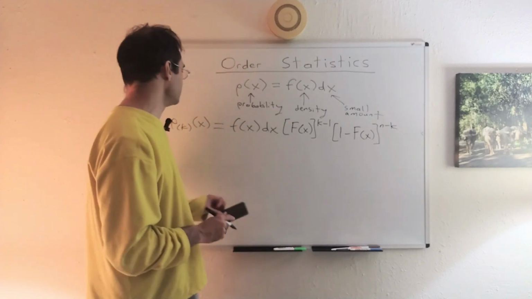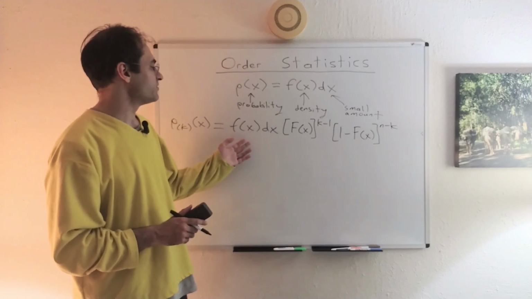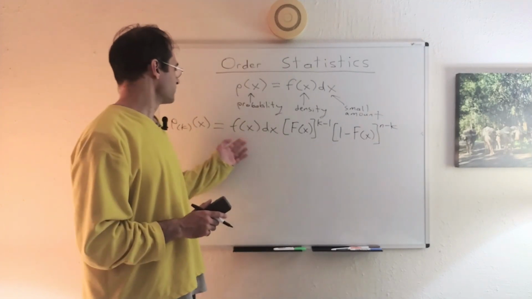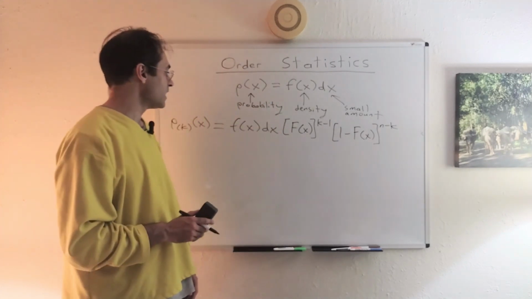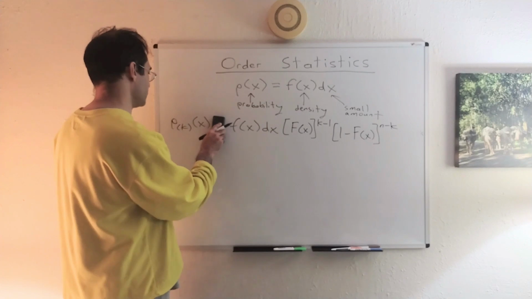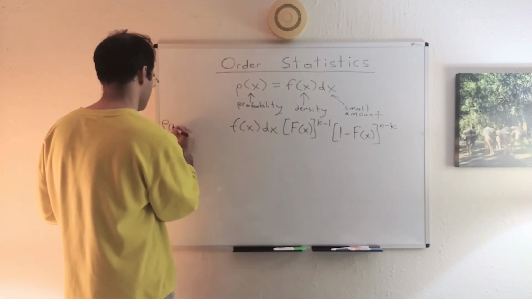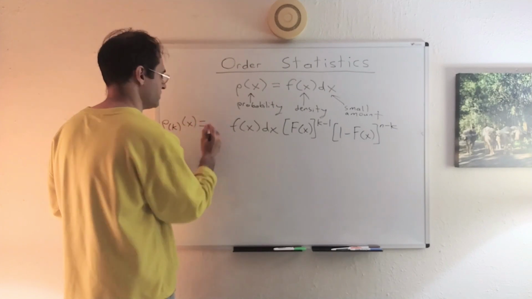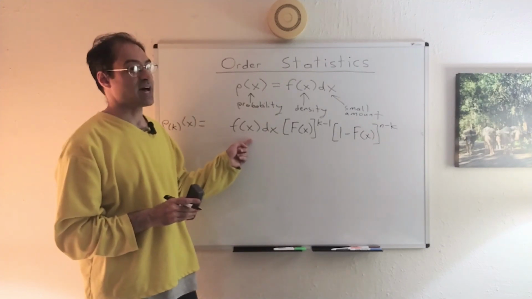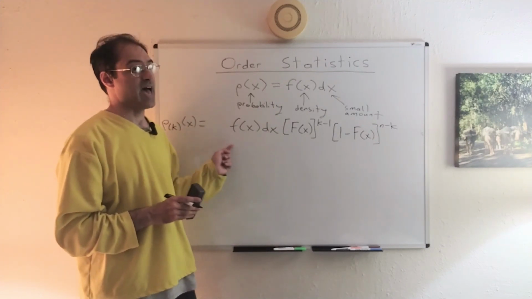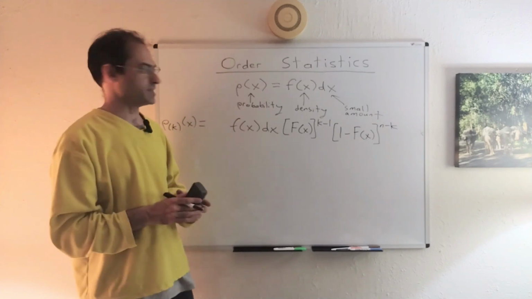But this is not really the whole thing, because now we have to look at how many different ways this can happen. For example, the kth order statistic can come from any one of the n samples. First of all, for the kth order statistic to be exactly x, that can happen in any of the n ways, because there's n different samples here, and any one of them could end up being the kth order statistic.